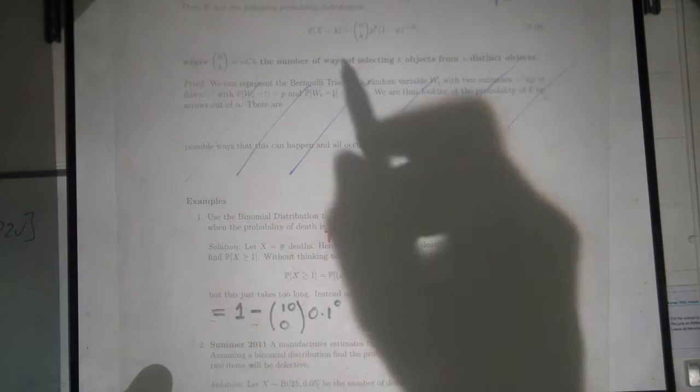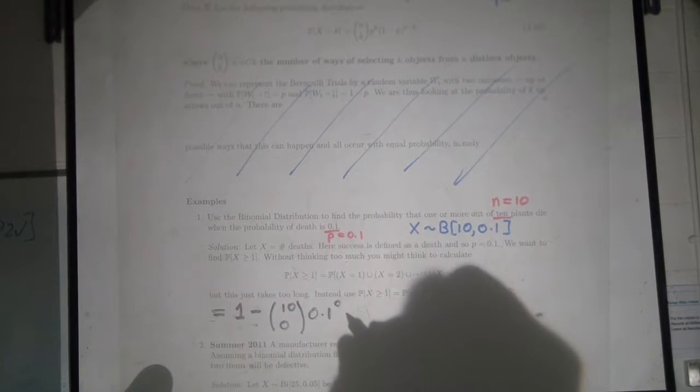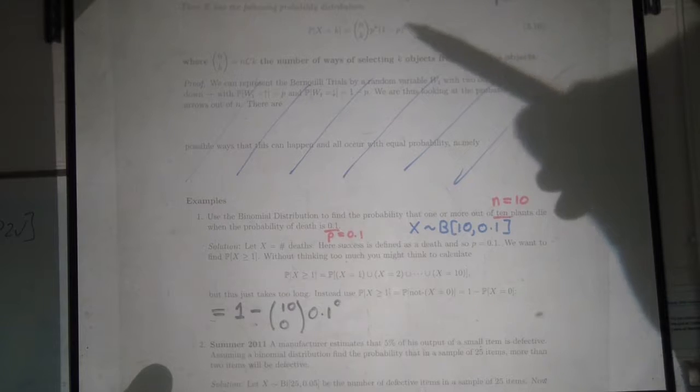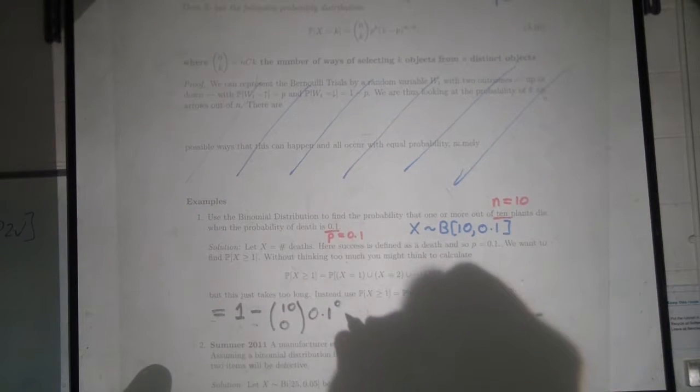What's p here? p is the probability of success, and we're saying success is dying, so 0.1 to the power of k, which is 0. What's 1 minus p? 0.9.